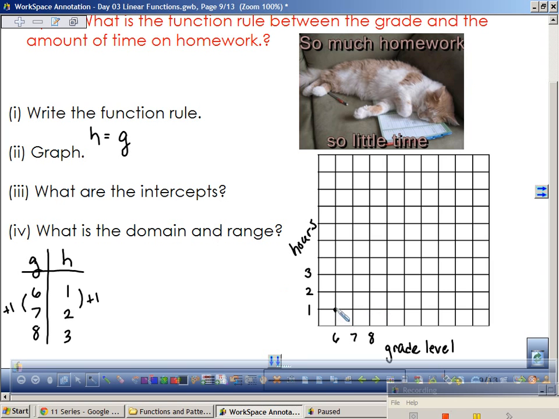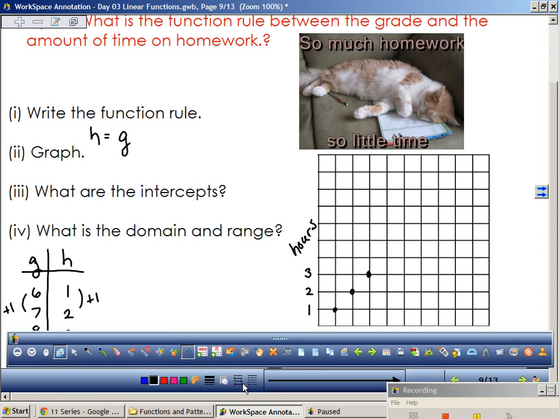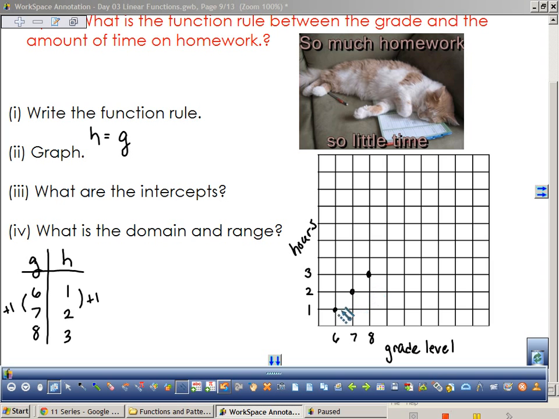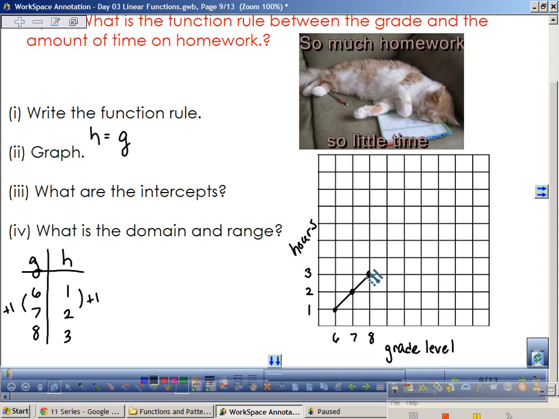Okay, let's graph that. We have a problem here. I'm going to tell you right now. Yeah, we do. We have a problem. Because we're not talking about down here at all. And did they tell us anything about high school? Oh, there is no 0. There is no 0, right?